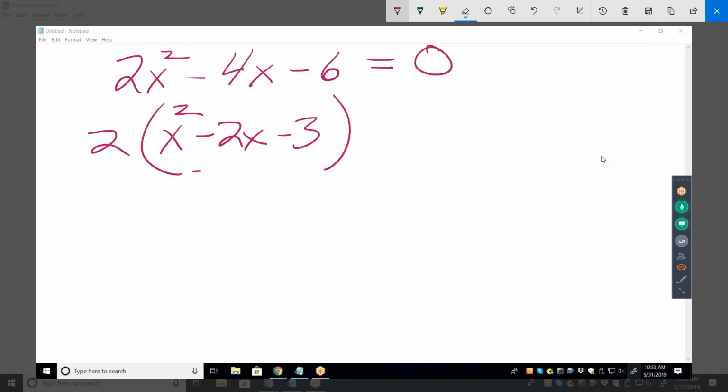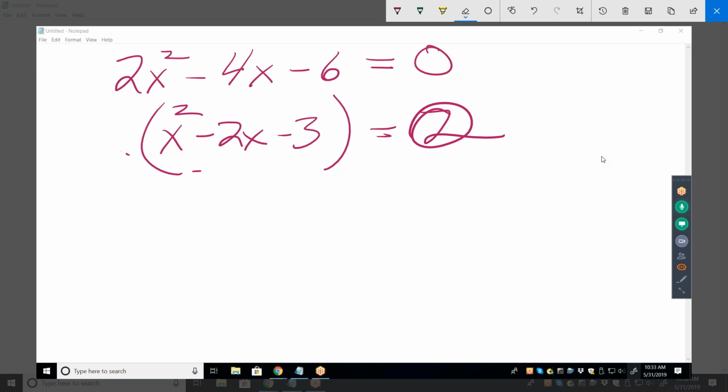So, first of all, do we need that 2 that we factored out? Can we get rid of it by dividing on both sides? Yeah, so we don't need it. I'm going to divide both sides by 2.